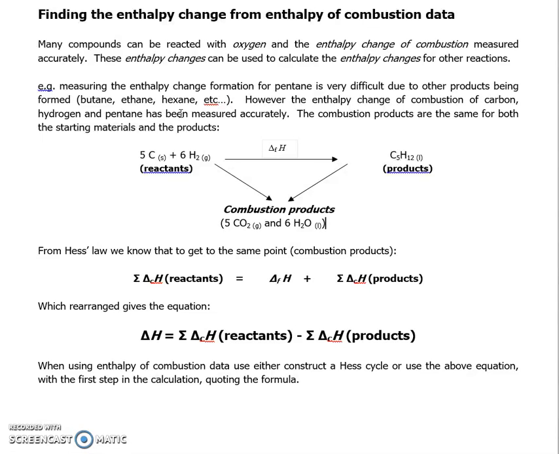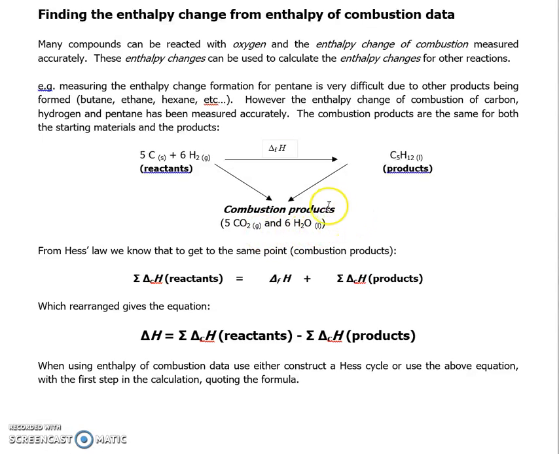Okay, and what we're going to do is look at the combustion products. Because in a chemical reaction the number of atoms on the left hand side must equal the number of atoms on the right hand side, it follows that when you combust carbon and hydrogen to make carbon dioxide and water, or you combust pentane, which contains carbon and hydrogen, you will also make carbon dioxide and water.